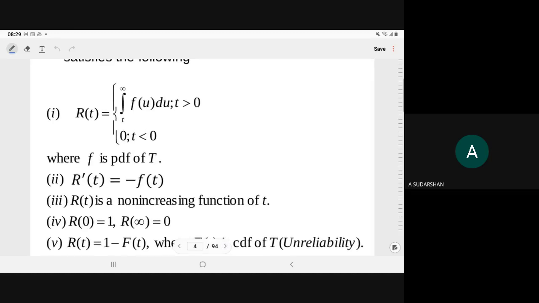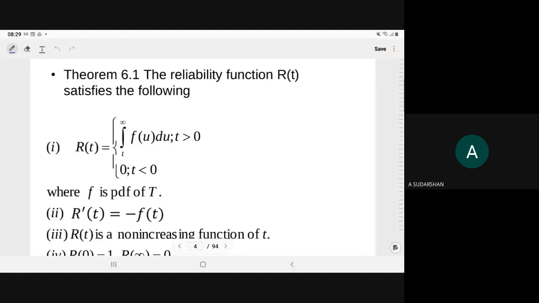Now, from here we have the important results. Theorem 6.1. Reliability is discussed in general for human beings too, whether a human being is functioning or not, and for any device or instrument.